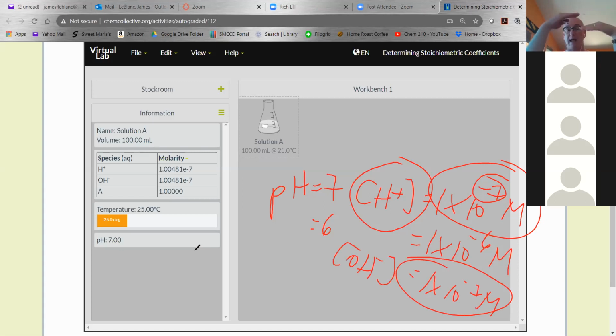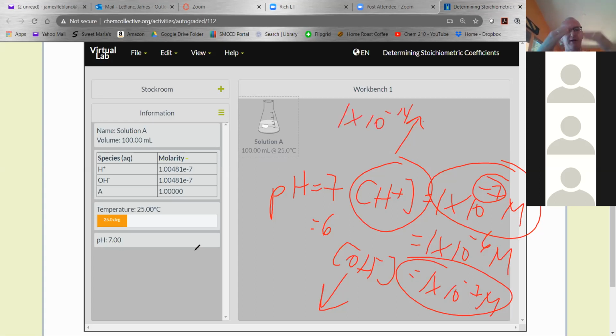Neutral means there's no more acid and there's no more base. When the pH drops below 7, my concentration of acid goes up and the concentration of base goes down. And we'll learn this later, but the concentrations of acid and base multiplied together always equal 1 times 10 to the minus 14.